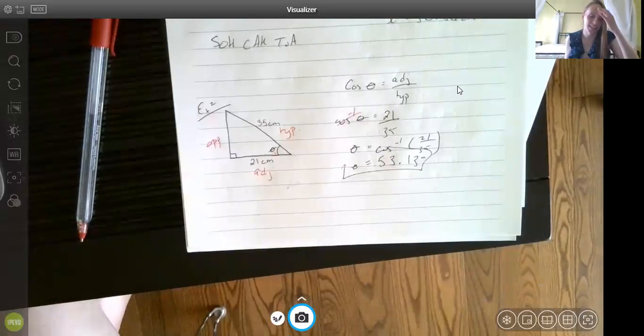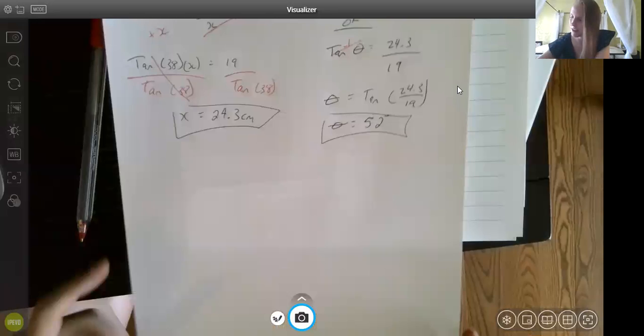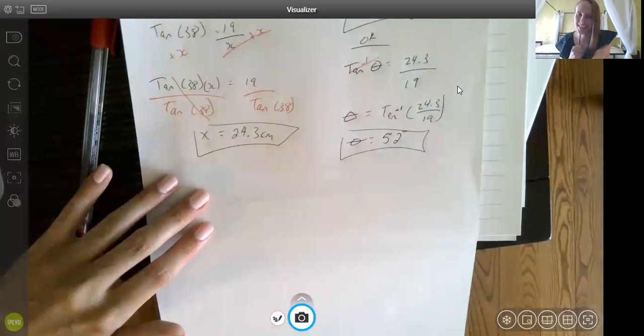And that would be your final answer. Okay, so nothing we haven't done already. We're just kind of putting it all together at this point. Also, just to flip back to the previous question, sorry, I just realized I forgot to put my little inverse sign in there, but I did put the tan inverse in my calculator, so it is still the right answer.